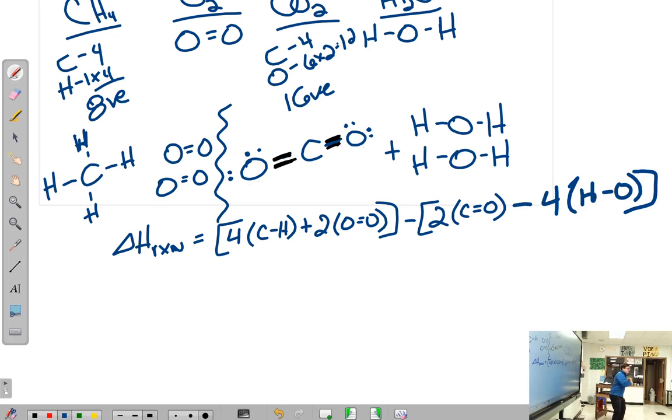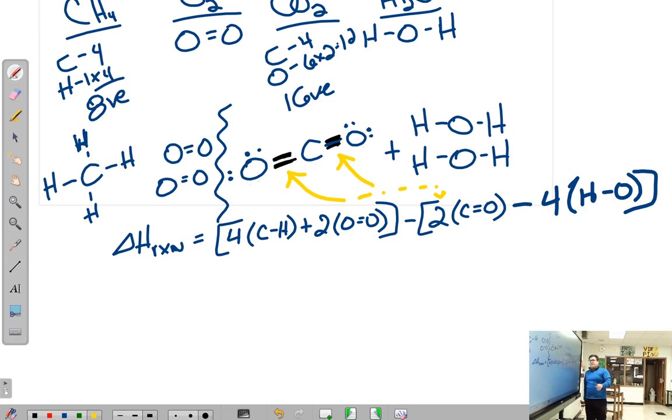Everybody see where I got my numbers from? Evan, where did you get the 2 and the 4? This 2 and this 4? Okay, so let's do it in yellow. We have 2 carbon oxygen double bonds.